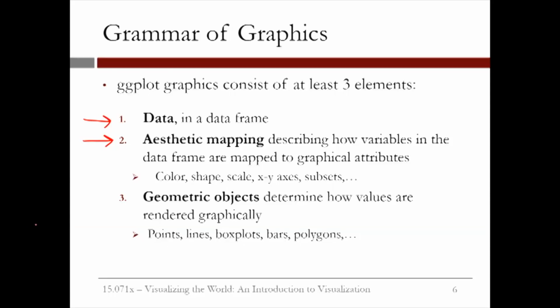This is where we'll define which variables are on the x and y axes, whether or not points should be colored or shaped by certain attributes, etc. The third element is which geometric objects we want to determine how the data values are rendered graphically. This is where we indicate if the plot should have points, lines, bars, boxes, etc.